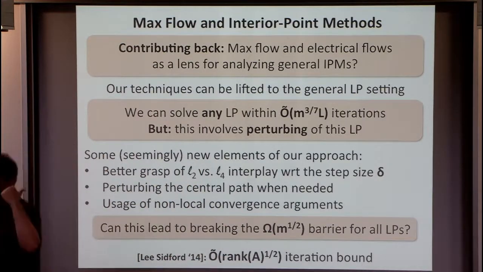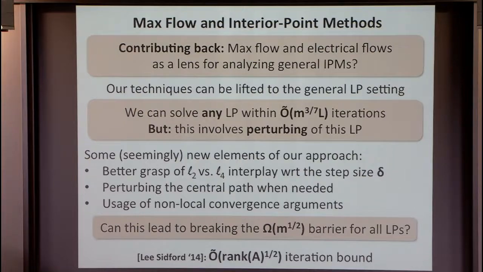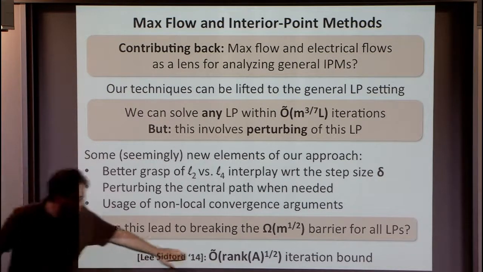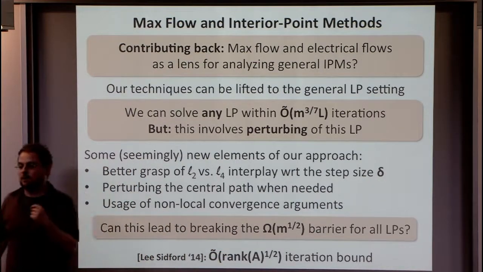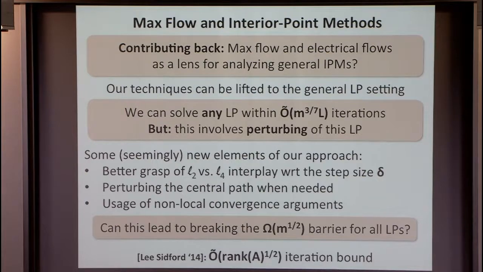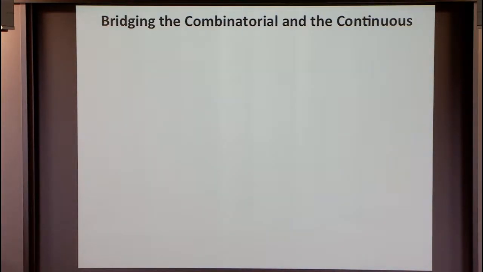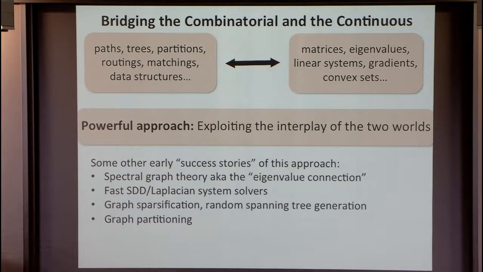By using this technology, that's exactly how they got better sparse-case results for max flow, going from m to the 3/2 to m squared over n. What they captured was exactly this difference between m and the rank of the matrix. And you already heard that from John.